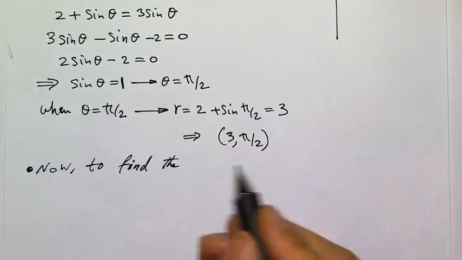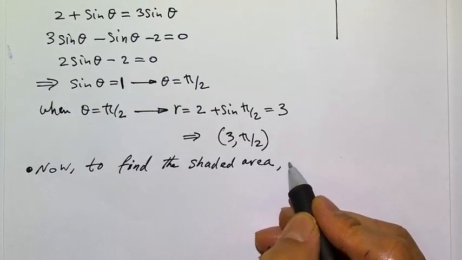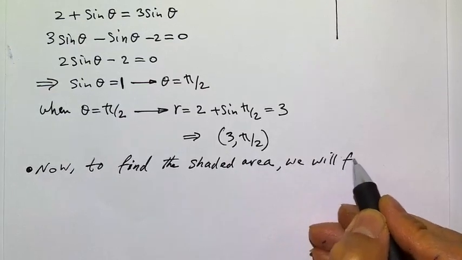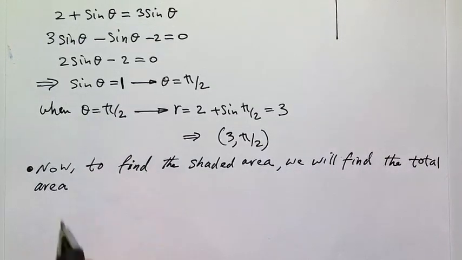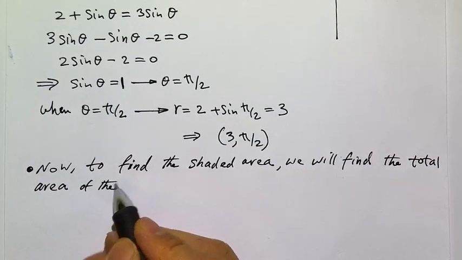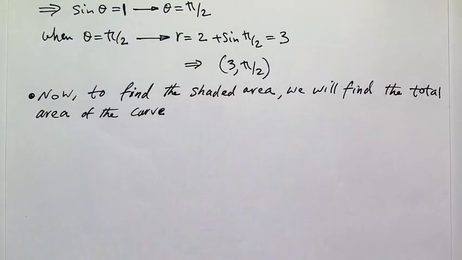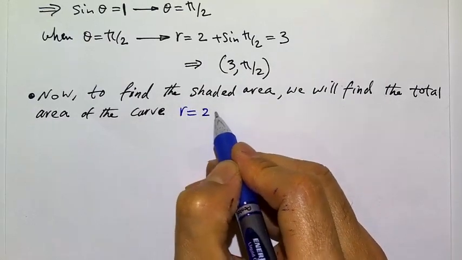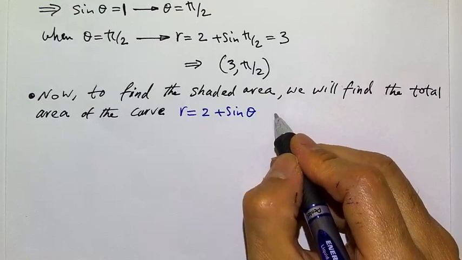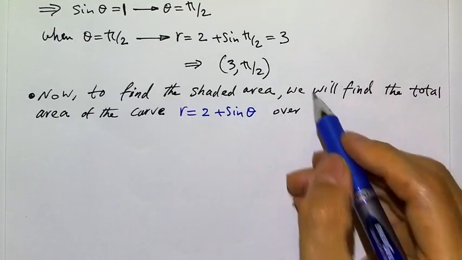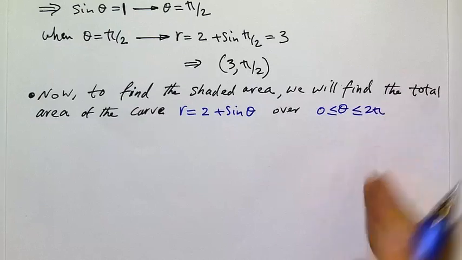So to find the shaded region, or the shaded area, we find the total area of the curve, this curve, r equals 2 plus sine theta, over, of course, its entire region, which is theta varying from 0 to 2 pi.